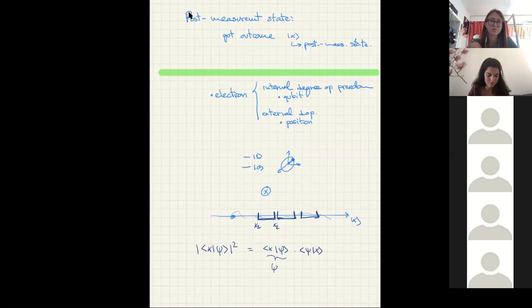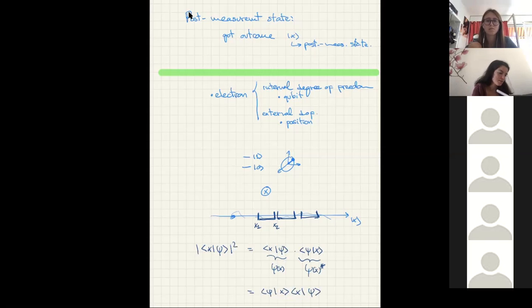Well, in this case, we know what the number is. And this is just the complex conjugate. Now, because these are two numbers, we can change the order and nothing happens. So we get ⟨psi|x⟩ and now here's the ⟨x|psi⟩.